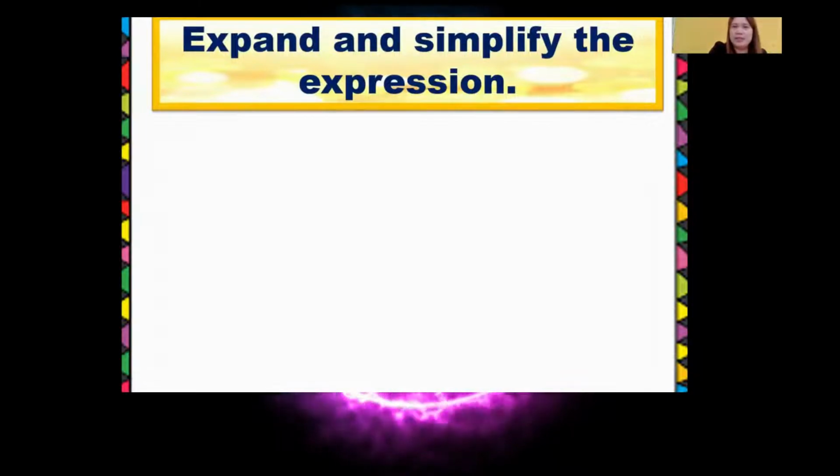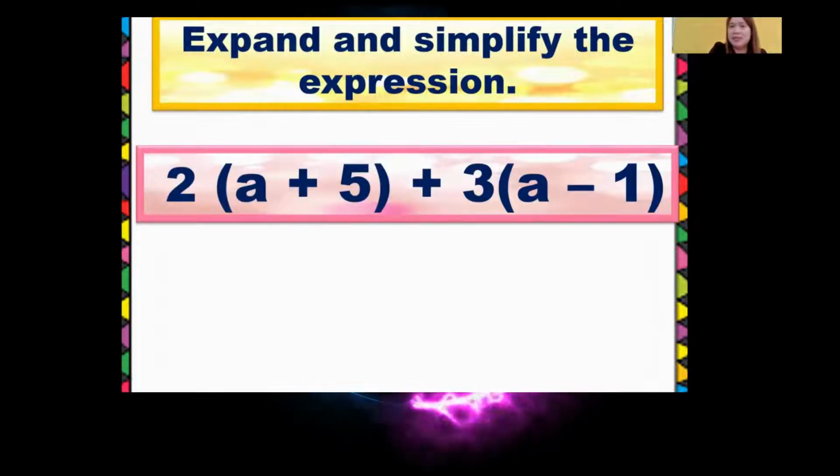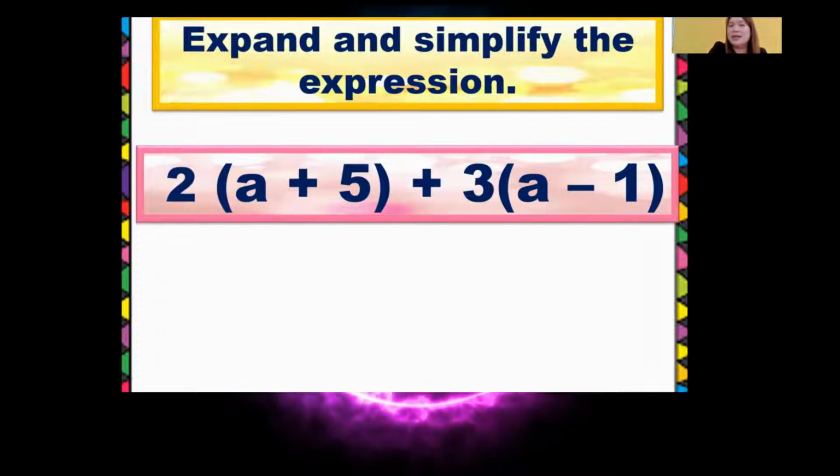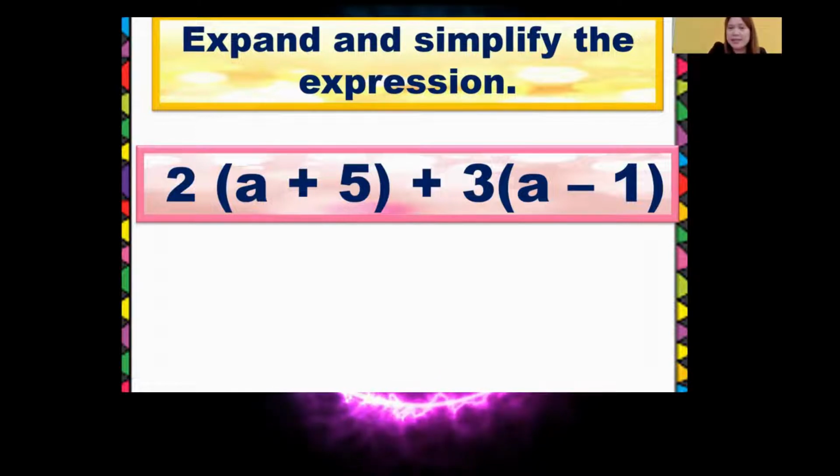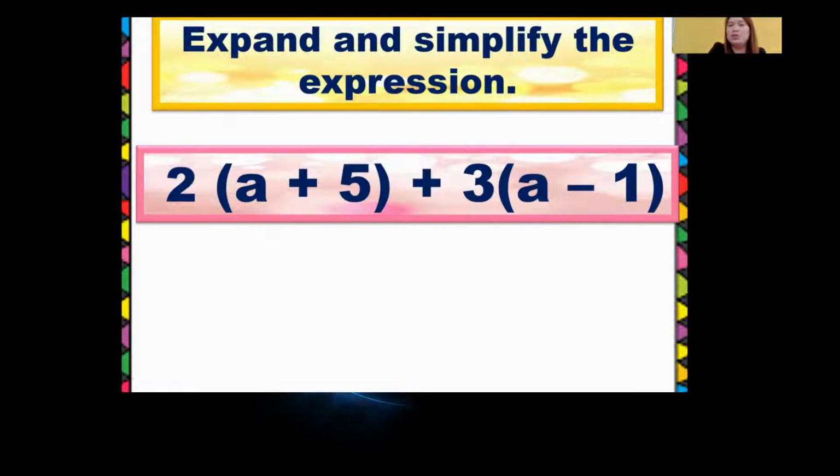So let's have more and try to answer this, year 8. You are going to expand and simplify the expression. This time, the question doesn't ask you only to expand, but you have to simplify the same way as what we did in the previous video. We have to combine like terms.